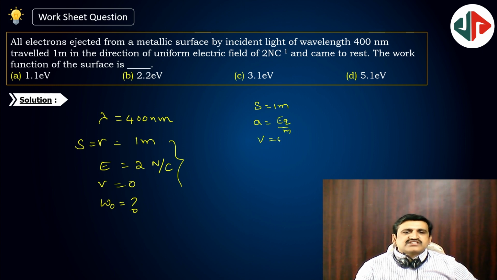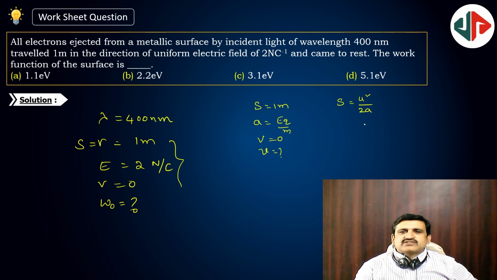Final velocity 0, then initial velocity can be obtained: V square minus U square equals 2AS, or S is equal to U square by 2A is enough. S is equal to U square by 2A, like H equal to U square by 2G.